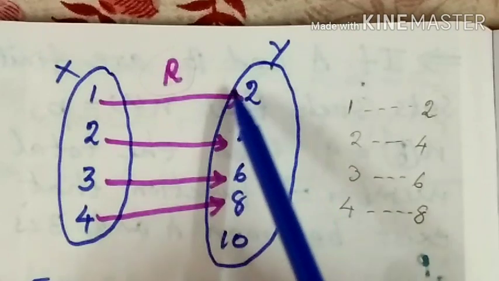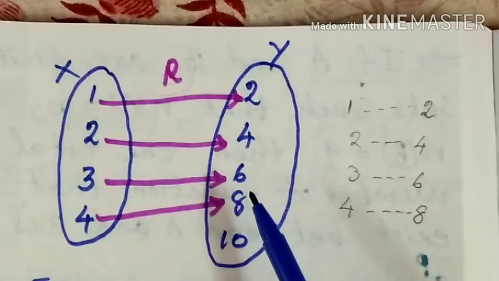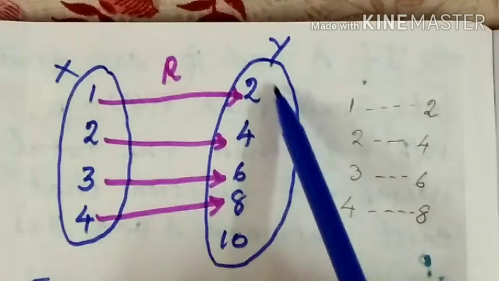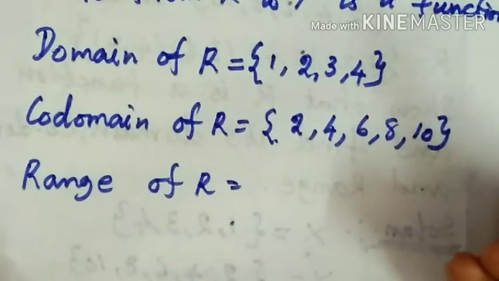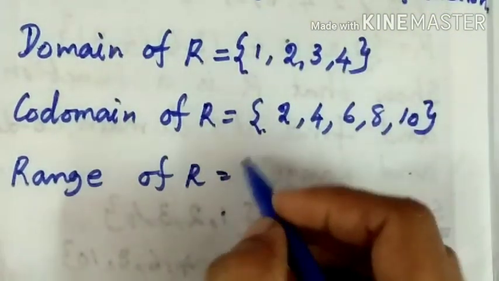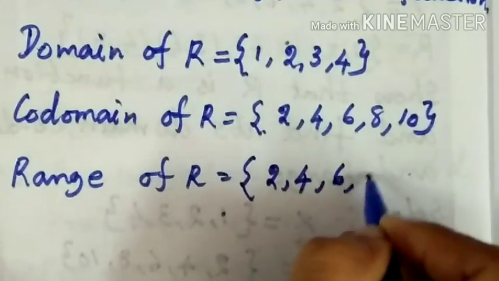So all the images are called the range. All the images alone, take down and write. Then range of R equal to {2, 4, 6, 8}.